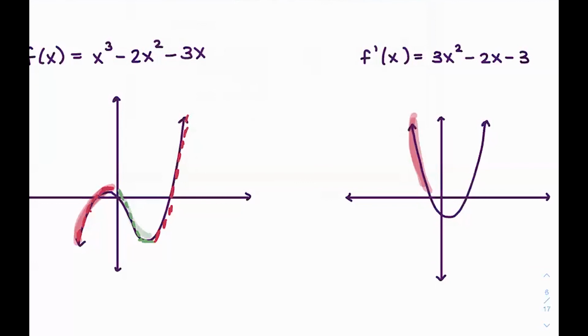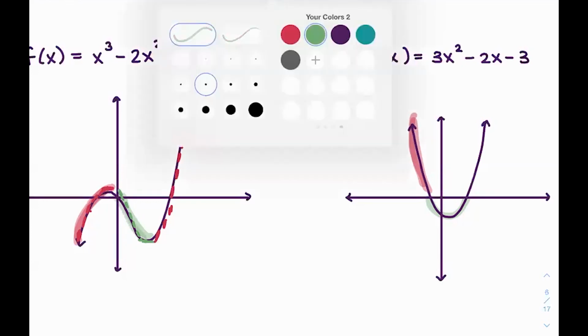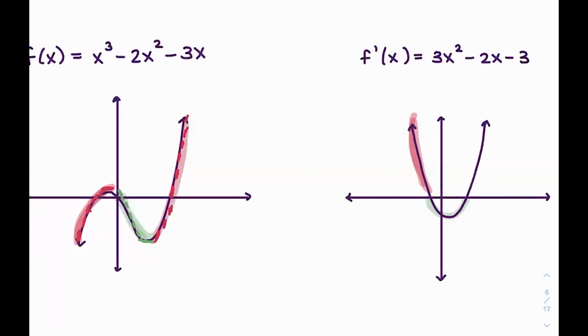Then when my function is decreasing, my derivative is negative. The slope of every single tangent line at every single point on this decreasing interval is negative. And then as my function increases again, my slopes of every single tangent line at every single point on that increasing interval are all positive again.